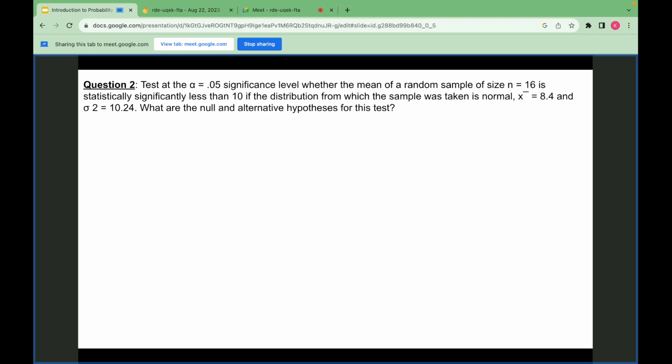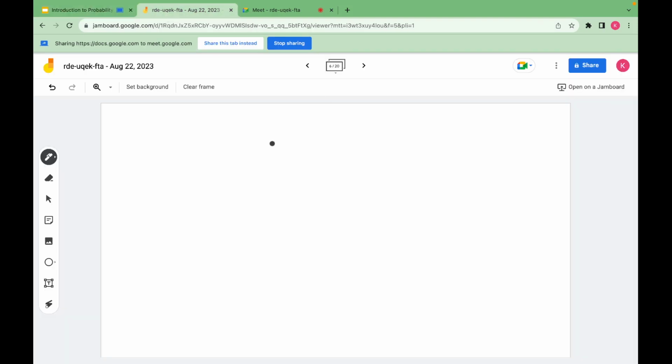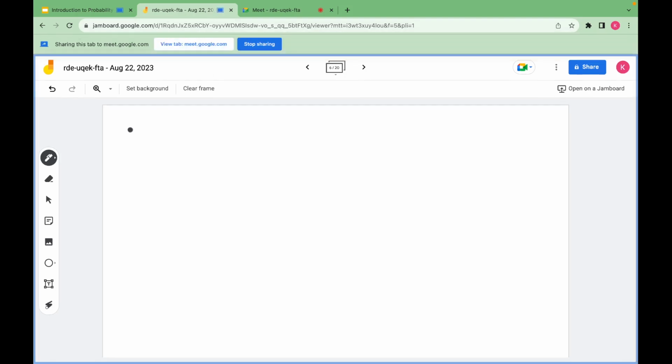So mu less than 10 will be H1, and H0 will be mu greater than or equal to 10. What we want to test will always be the alternate hypothesis. So for this second question, H0 is mu greater than or equal to 10, and H1 is mu less than 10.